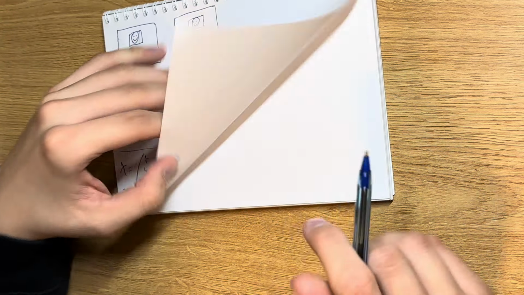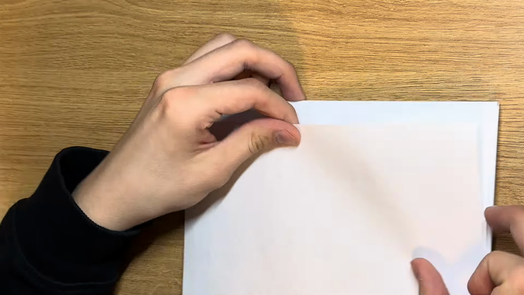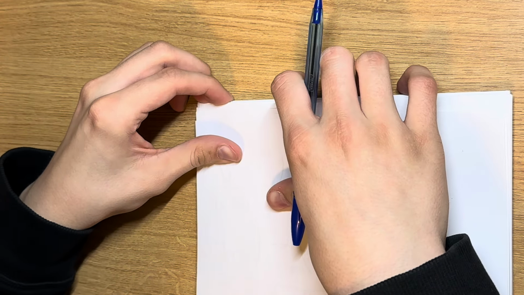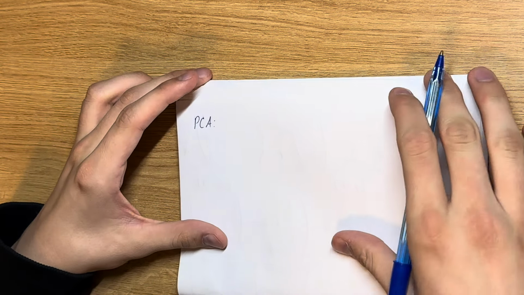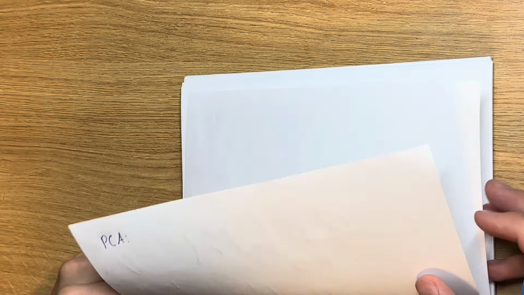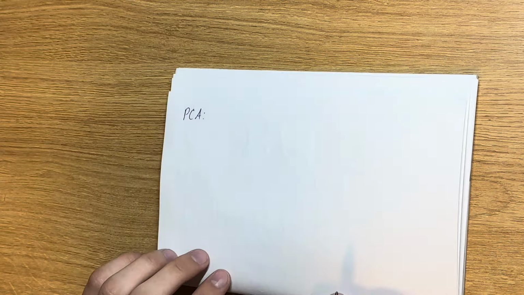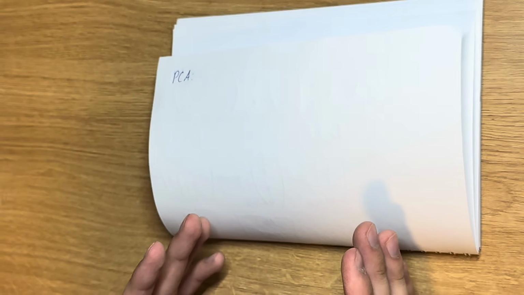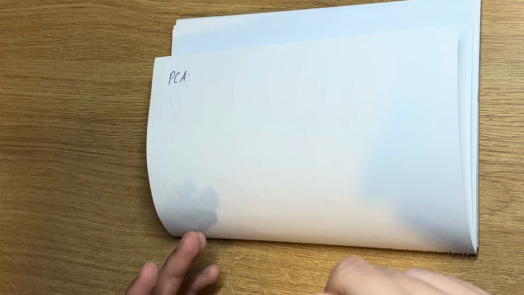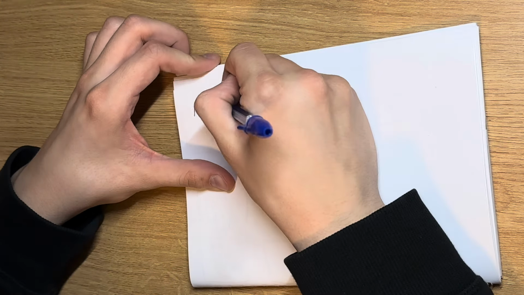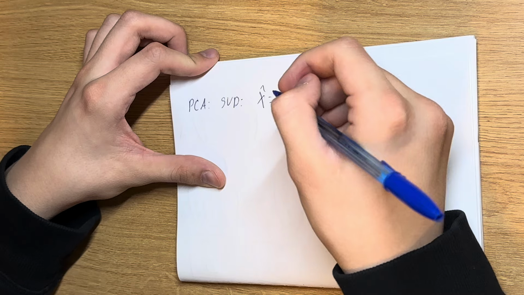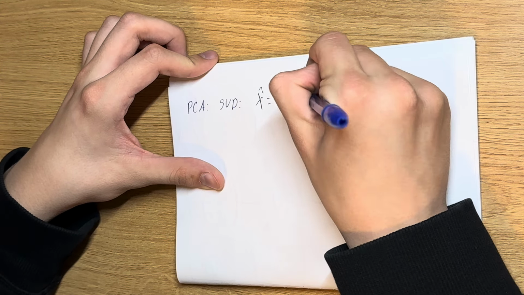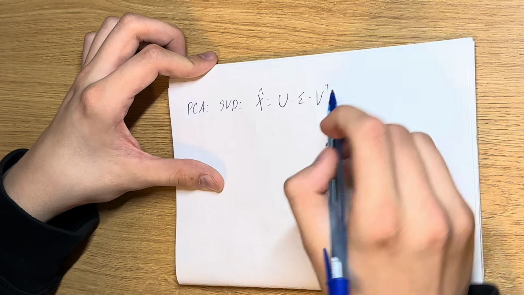After that, we use PCA here. For what purpose? PCA will help us to distinguish the significant features of the face. It includes SVD, and SVD says that our centered X is equal to some matrices U, sigma, and V transposed.